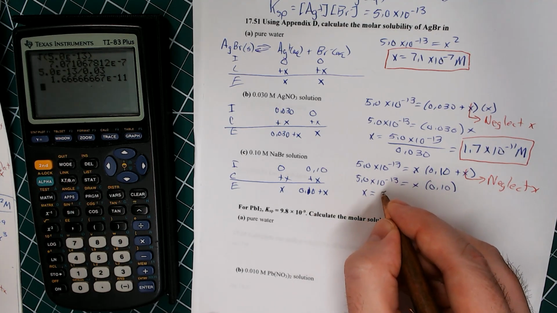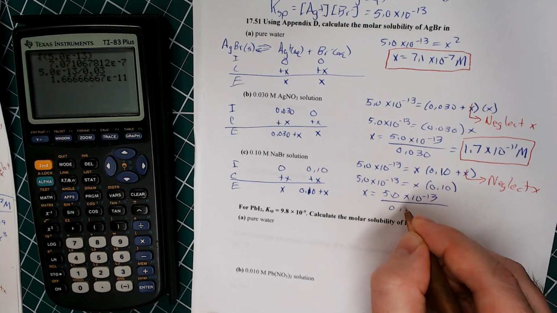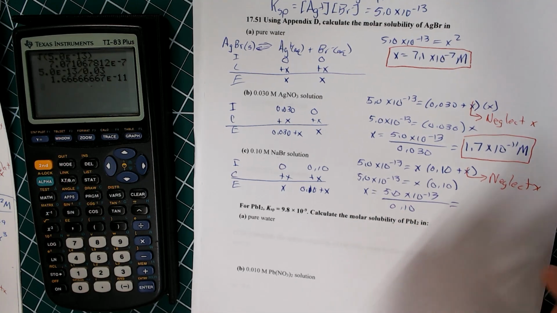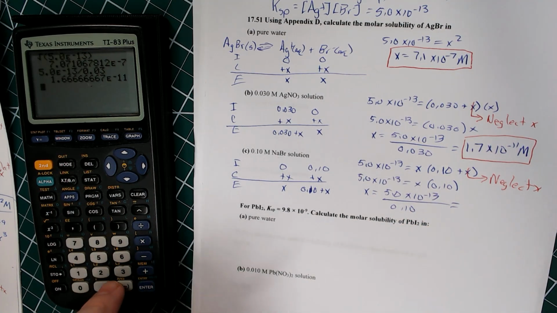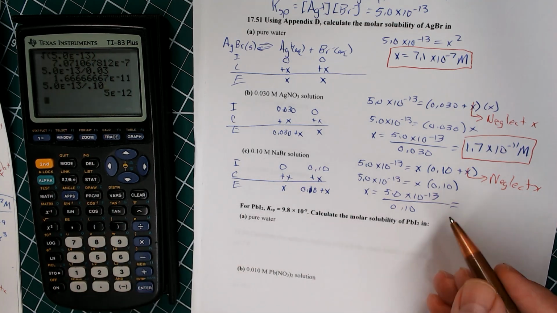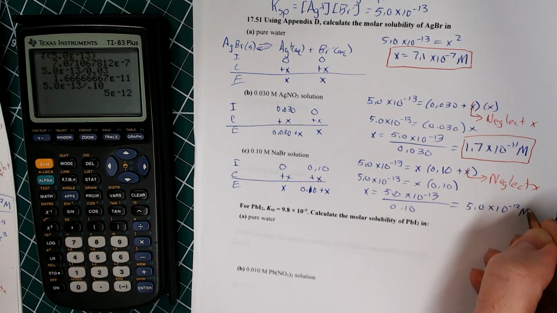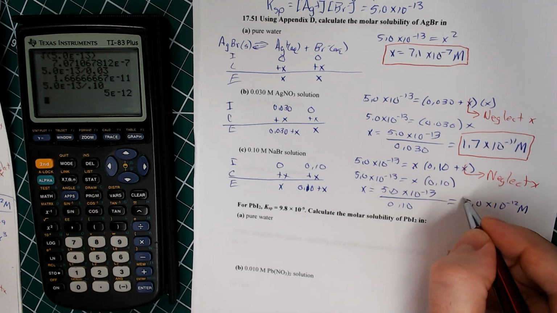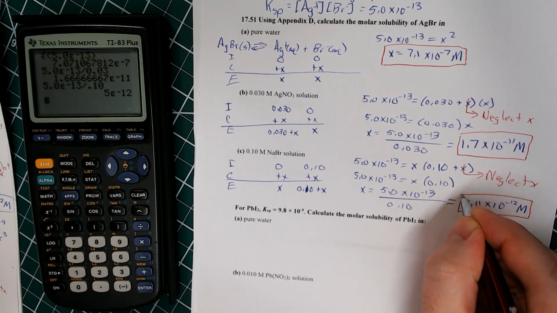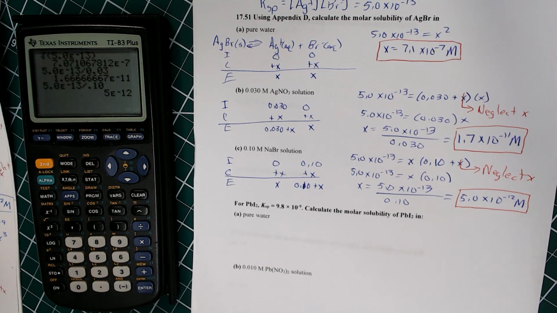X is 5.0 times 10 to the negative 13 over 0.10. Well, I can already tell that's simply going to be times 10 to the negative 12, but let's go ahead and put it in. 5.0 times 10 to the negative 13, divided by 0.10. And that gives us 5.0 times 10 to the negative 12 molar.